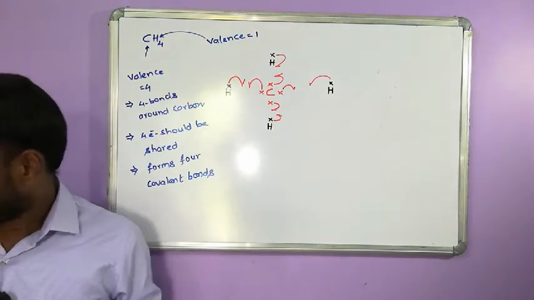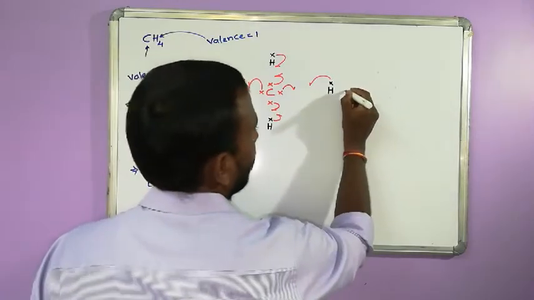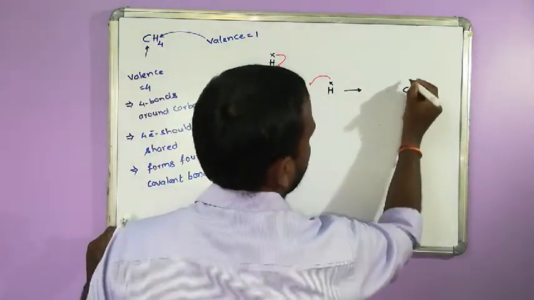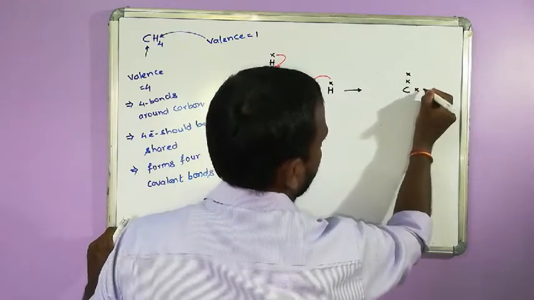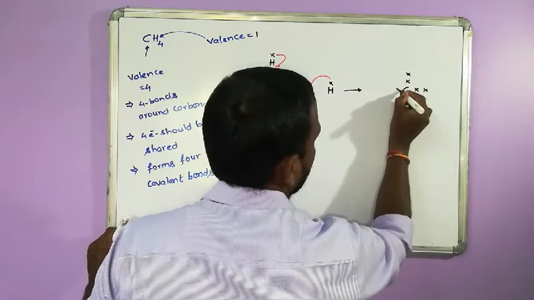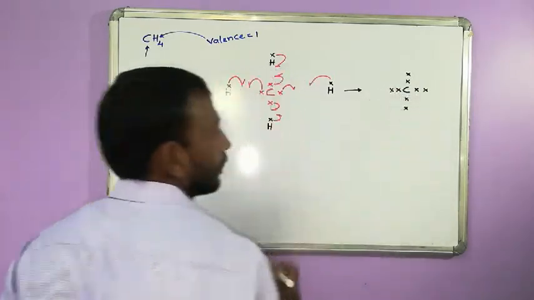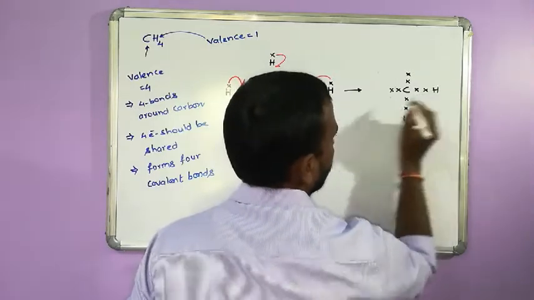So, if you try to draw the structure of this compound, it's going to look like carbon, and it is surrounded by 4 hydrogens.